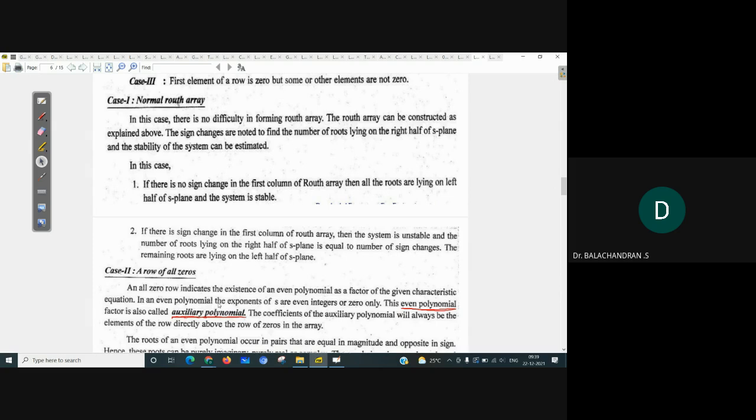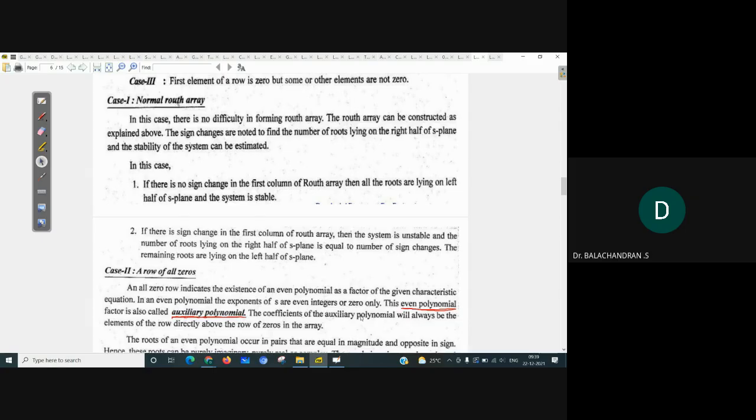In an even polynomial, the exponents of s are even integers or 0 only. So you should note this down. This even polynomial factor is also called the auxiliary polynomial.